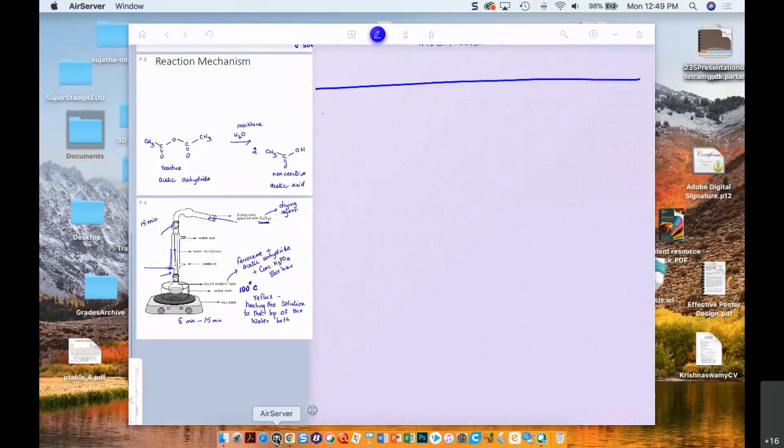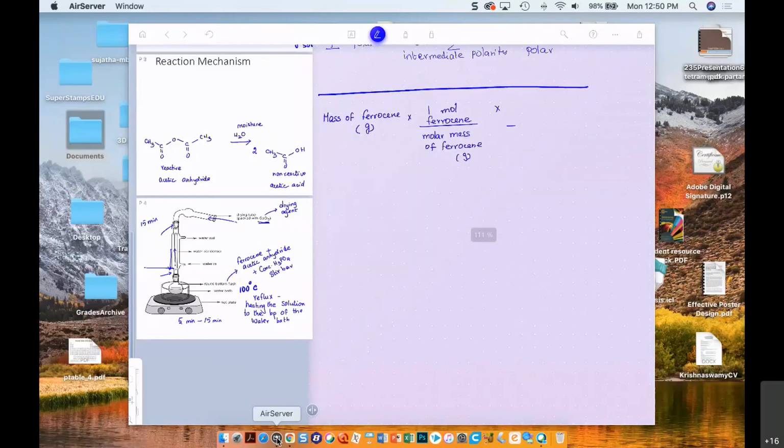So you're going to go with mass of ferrocene. This is going to be in grams. I've given you the molar masses as well. So here it's going to be molar mass of ferrocene. You should be able to get that from the lab report. This is going to be 1 mole ferrocene. It's a one-to-one reaction.